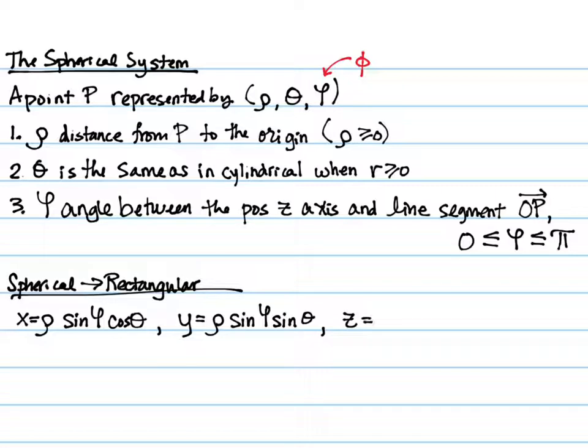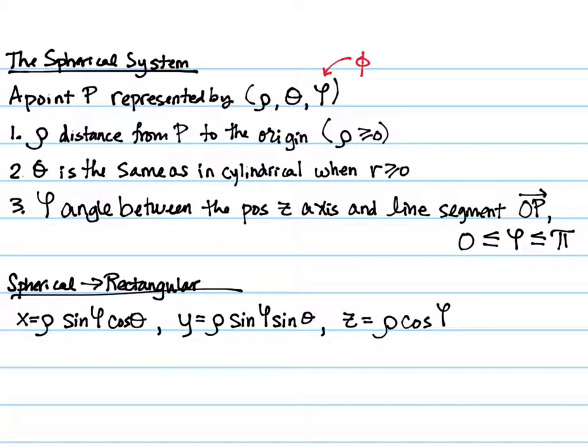And z is equal to rho cosine phi. Note card, right, Hannah? Yes, absolutely.